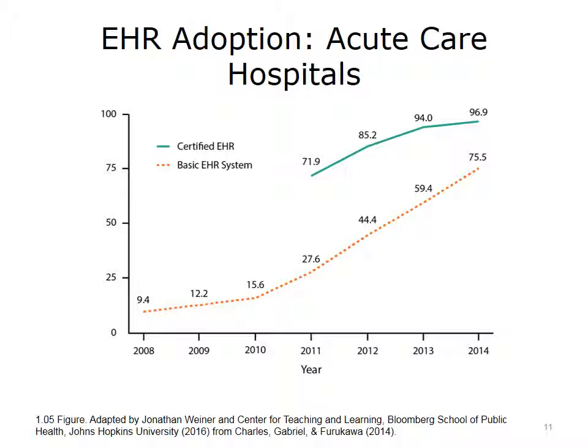These figures represent the latest available statistics that go up to 2014, but when you're listening to this, you can assume that pretty much 100% of U.S. hospitals and probably 90% of U.S. office-based medical doctors have electronic health records. So, we're on the dawn of a new era, as you can see.